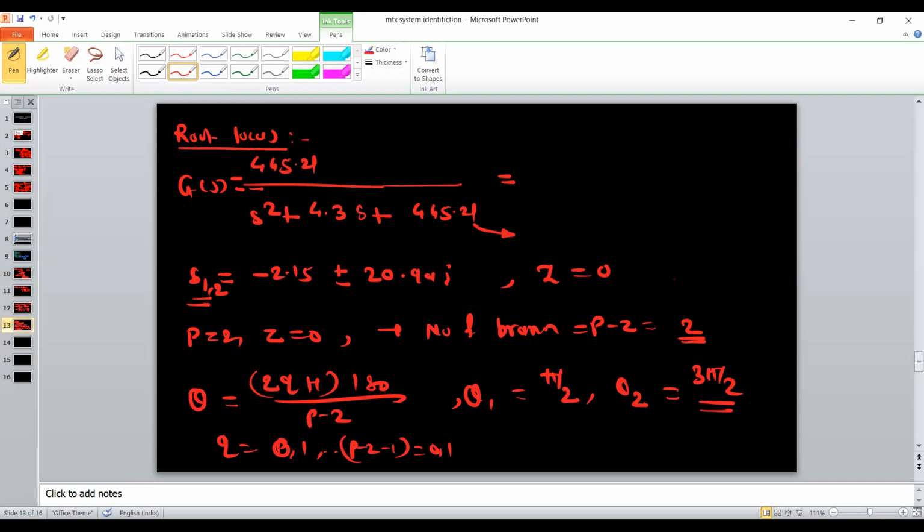Okay. That means the first branch will have the direction, this is the direction 90 degree. So this is the imaginary axis, this is the real axis. Second branch will have the direction like this. Okay.